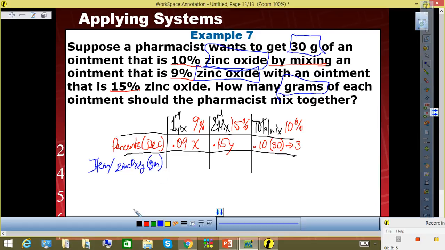Grams. It's in grams, no more in milliliters. Therefore, this is X, Y, and 30. So my system: 0.09x plus 0.15y equals 3, and X plus Y equals 30.